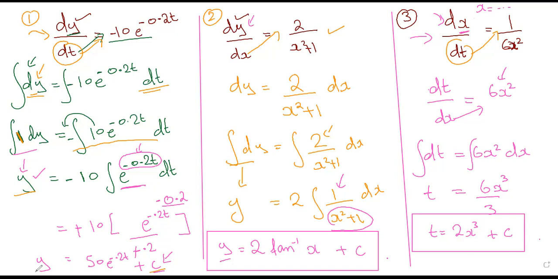So initially in this question, we have dx by dt, so the solution should be in this form. If we have it in this form, we can easily make x the subject. How? We can take c to that side, t minus c by 2, cube root equals x, right? And now we have our solution.